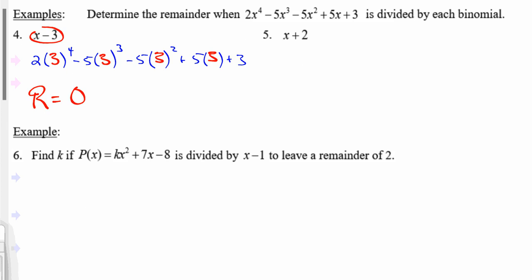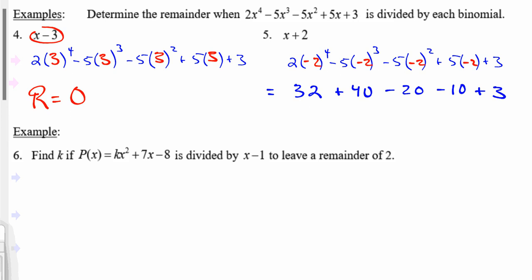Now that you know how to do that, use your calculator to do number 5. There we go. I'm practicing my mental math here. Hopefully it's going to work. So I think that's what I should be getting.